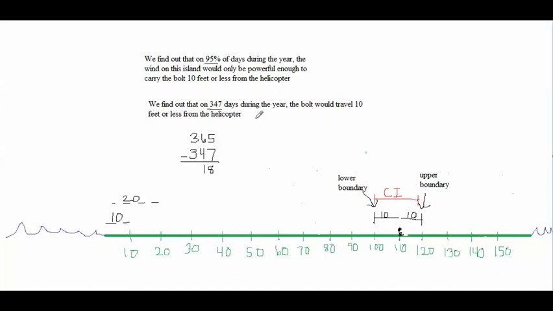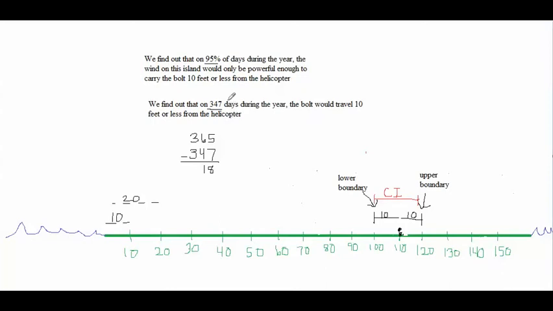But if we assume that the bolt fell at random, meaning the day on which the bolt fell was completely random, if we assume that the bolt had an equal chance of falling on each of those 365 days, and it just fell randomly on a certain day, then we can say that the bolt had a 95% probability of falling on one of these days in which the bolt would travel 10 feet or less.